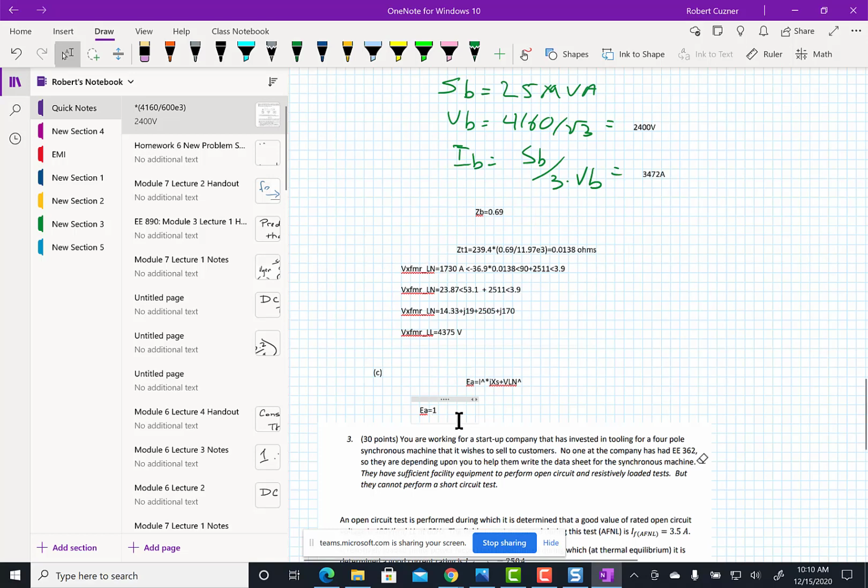Okay, so I'm going to basically say EA, the line current didn't change, it's still 1730 at negative 36.9, times 0.08, at angle 90, and then I'm just going to use this right here.